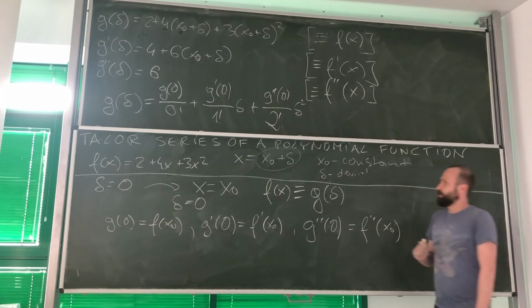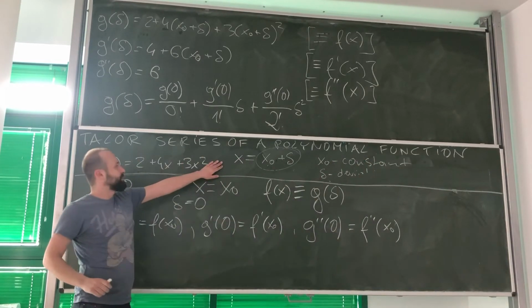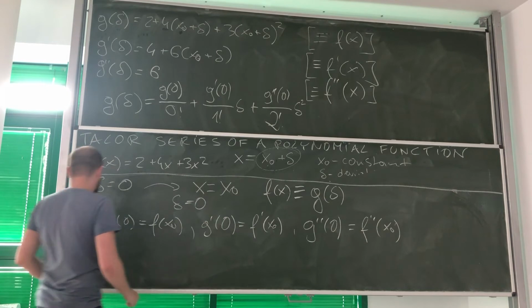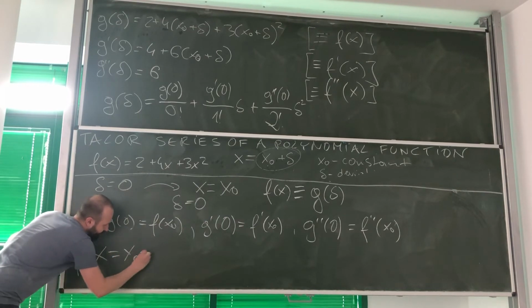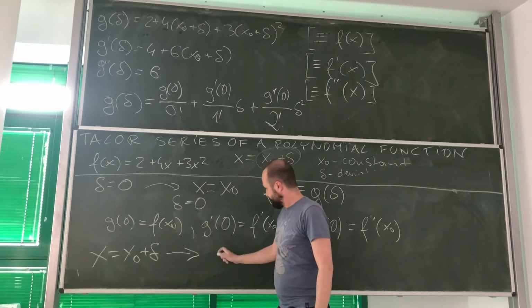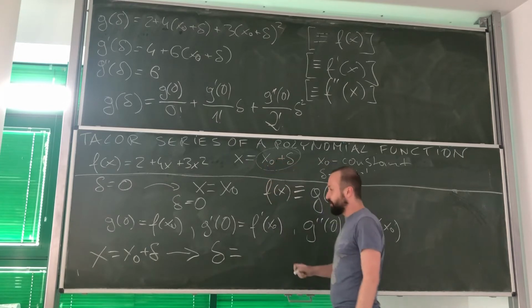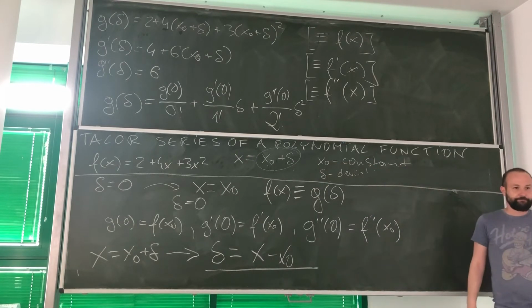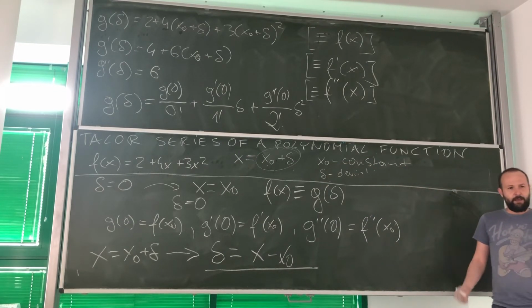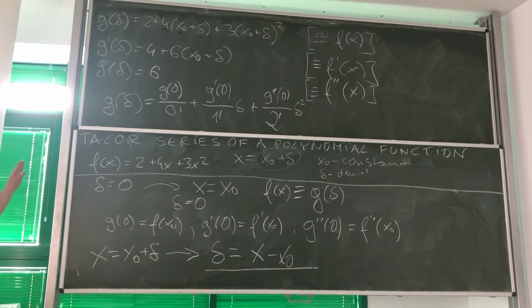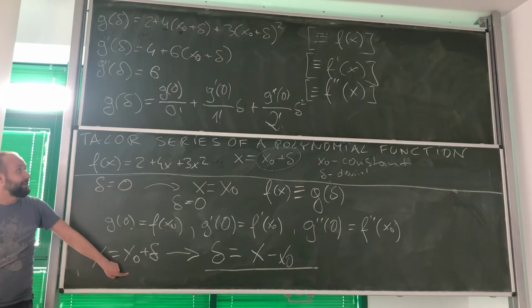Let's just notice one additional thing. Out of this expression, we know that x is equal to x0 plus delta. But if x is equal to x0 plus delta, then this tells us that delta must be equal to x minus x0. And if this is the case, we will find a very, very nice way to write this function in terms of any x0.